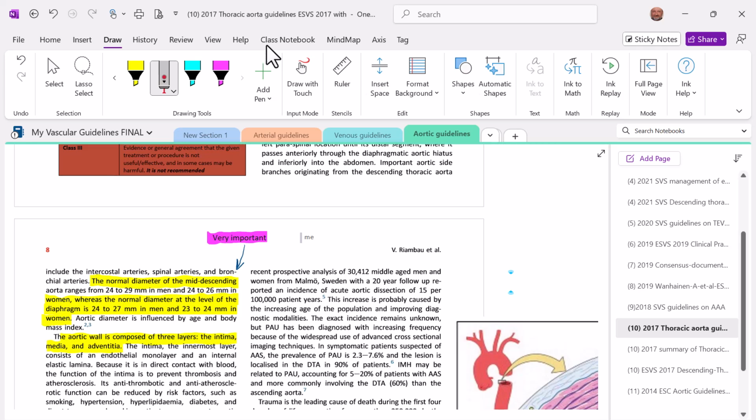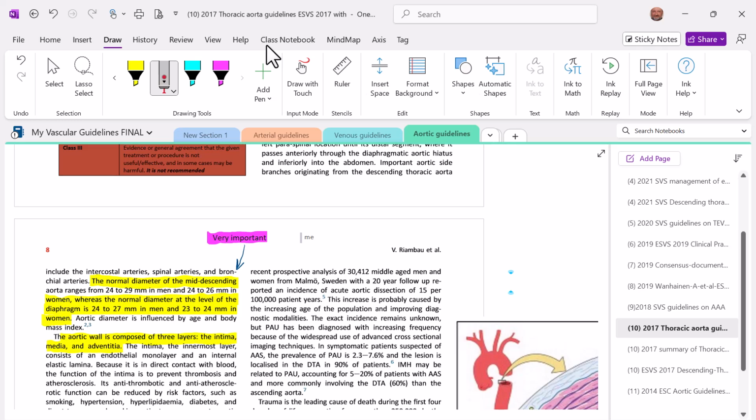Whereas the normal diameter at the level of the diaphragm is 24 to 27 in men and 23 to 24 millimeter in women. This is what is normal aortic diameter, and this is extremely important information.